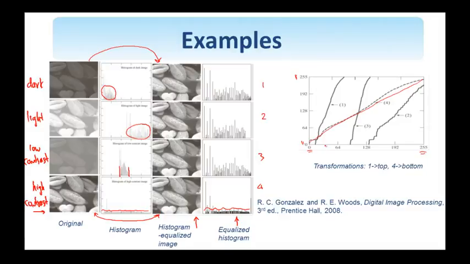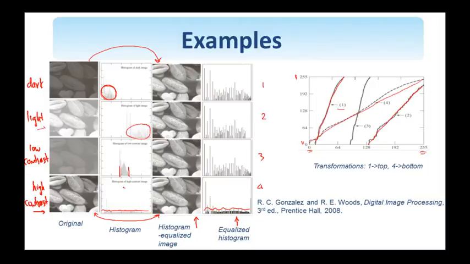Number 1 is the case I described earlier, a dark image, and this is the transformation that will spread the low values to higher values. The light image is what I described earlier as well. The histogram is concentrated at high intensity values, so it's this transformation that transforms the second image.